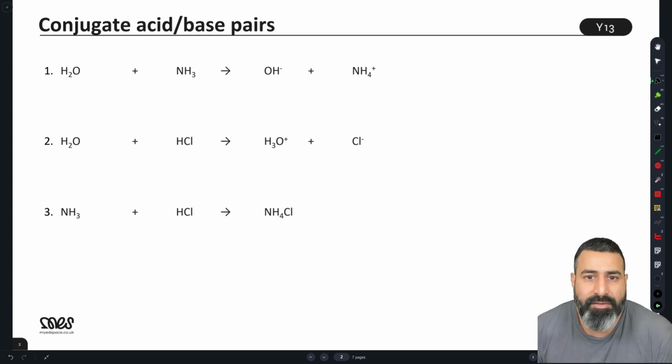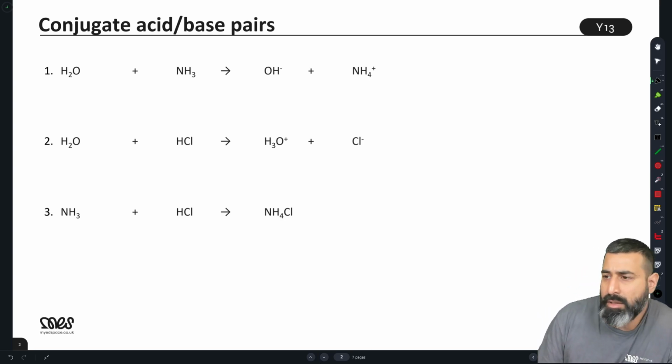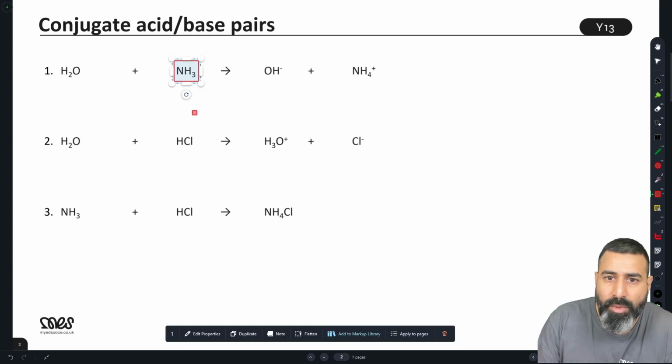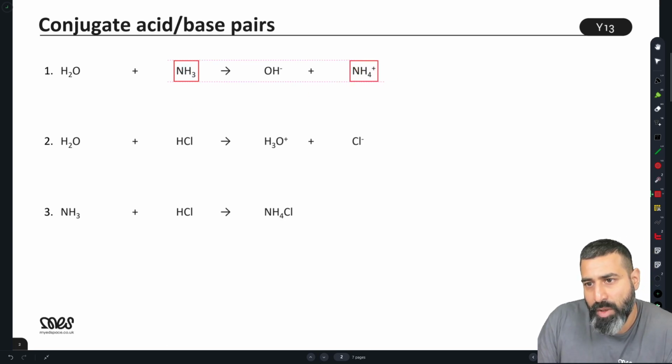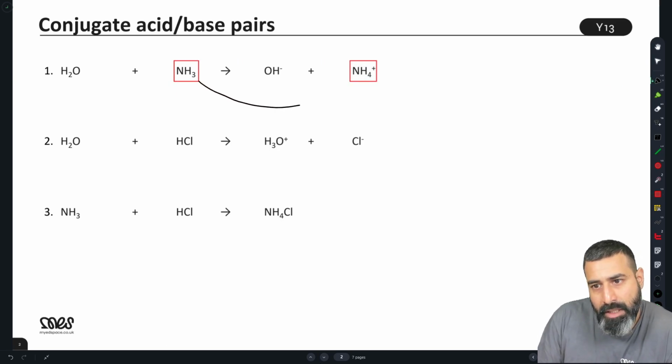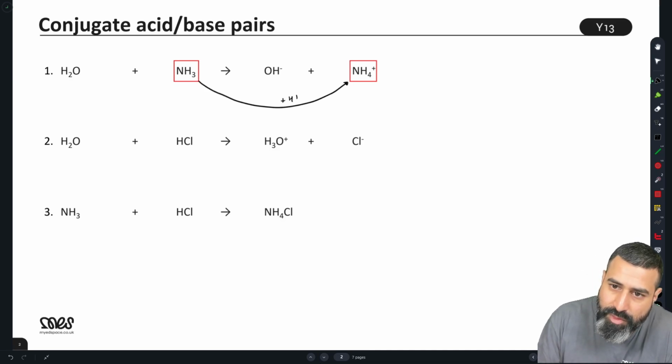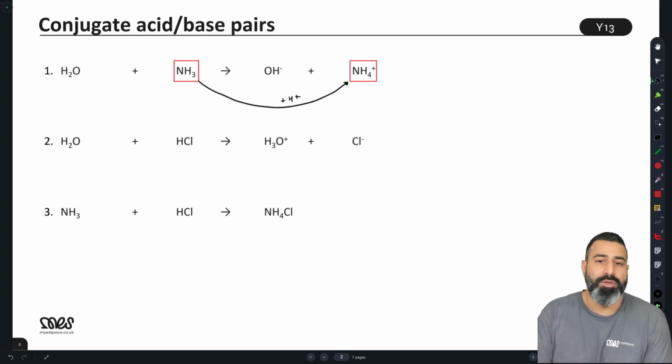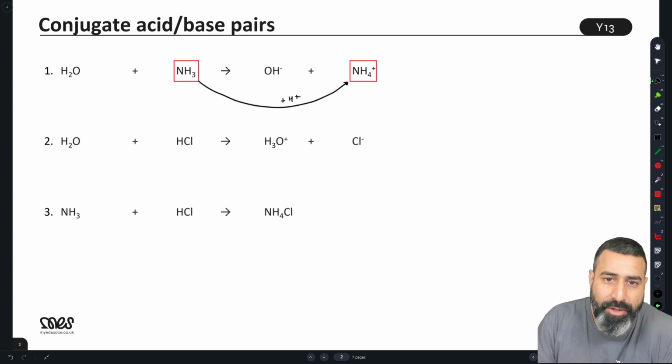Okay, so let's have a look at what's going on here. We're looking at conjugate acid-base pairs. So in question number 1, let's go step by step. We'll start with the ammonia. So literally what's happened to the ammonia going from NH3 to NH4+? Well, we've added a proton to it. If we've added a proton to it, the NH3 must be accepting a proton, so therefore that is my base.